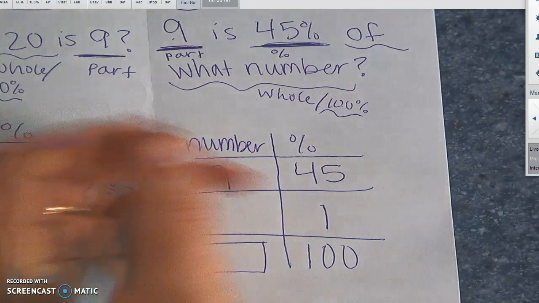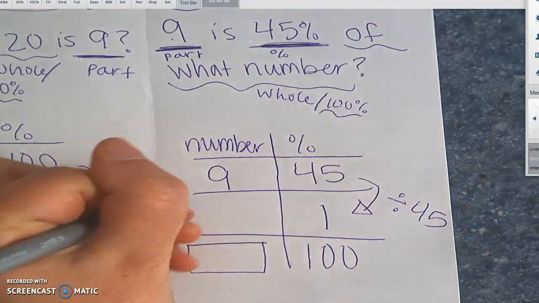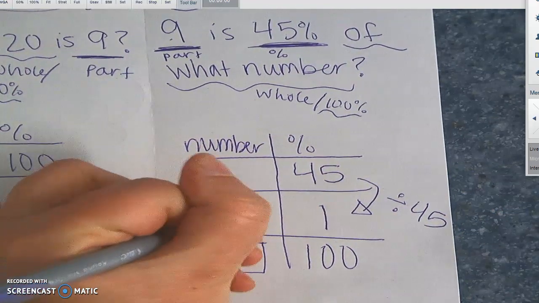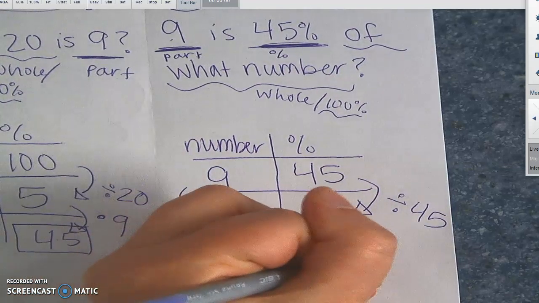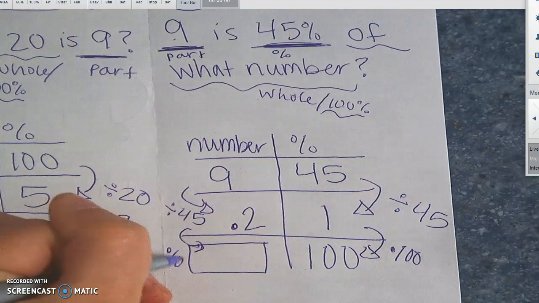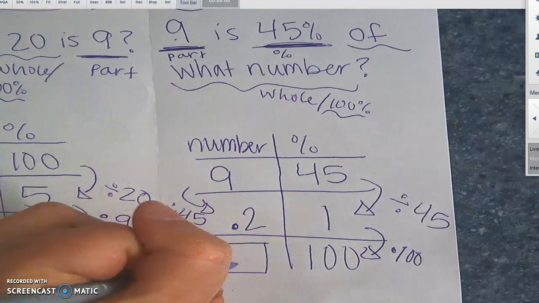So I'm going to fill in my 1 and do some normal table business, divide by 45, which gives me 0.2, and then times 100, which is 20.